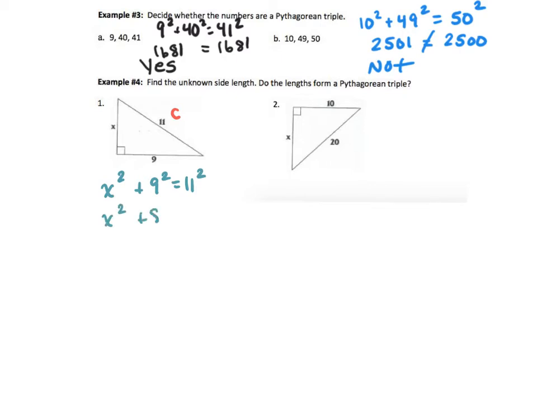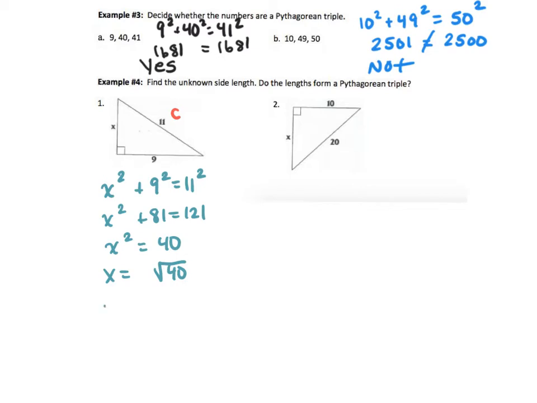So we have x squared plus 81 equals 121. x squared equals 40. So x is going to equal the square root of 40. Now technically it's plus or minus the square root of 40 when you take the square root. But for now, we're just going to assume it is the positive root. But keep that in mind, because there will be a time in this class where that negative root actually is very important.